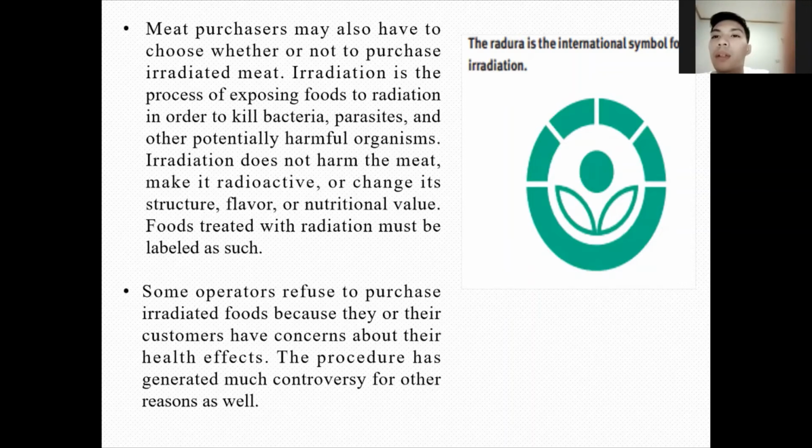Foods treated with radiation must be labeled as such. Some operations refuse to purchase irradiated foods because they or their customers have concerns about their health effects. The procedure has generated much controversy for other reasons as well.